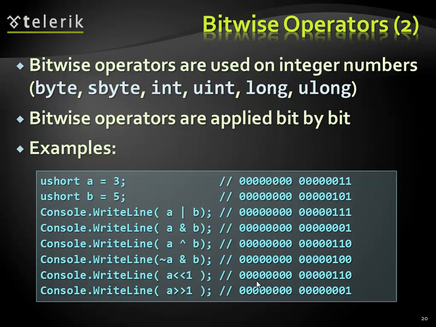So if we look at the original number of 3 here, which was the A, which had 11, we are pushing the bits to the left. So that means instead of 11, we'll have 110, and we're moving them one space. Actually, it's called shifting. And the number resulting here will be 6.